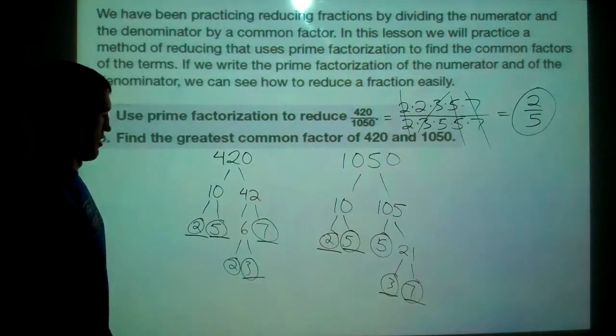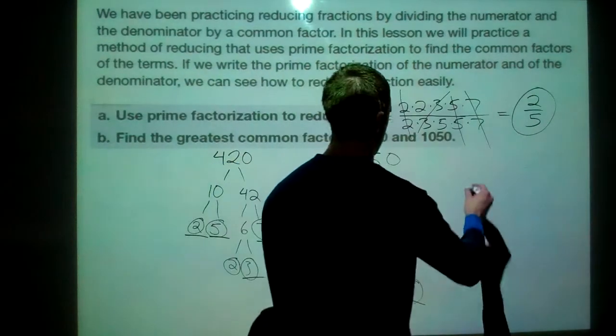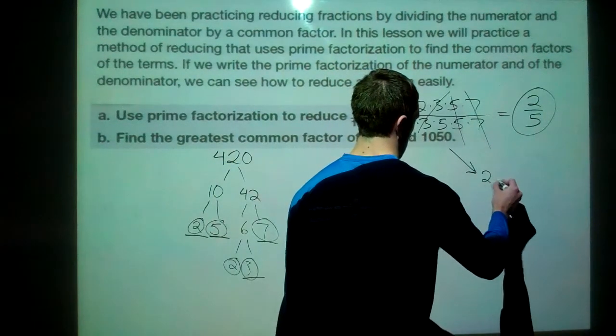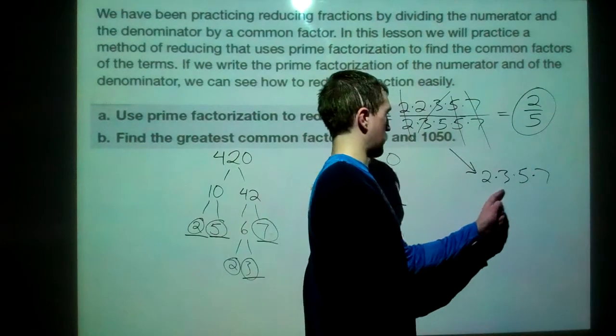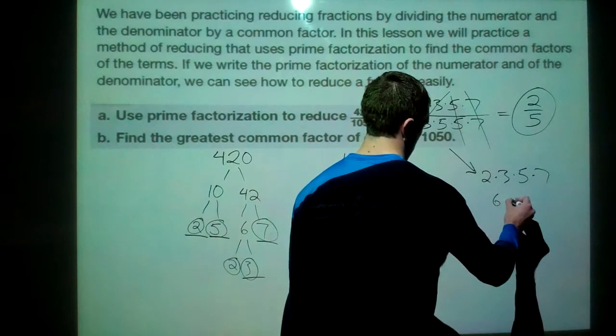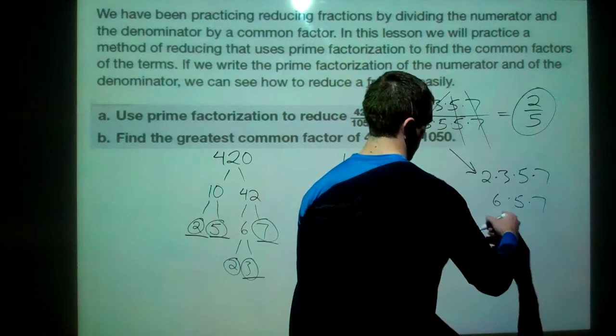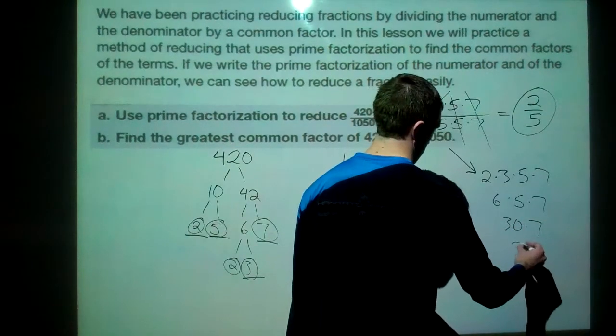So if we multiply all those together, 2 times 3 times 5 times 7: 2 times 3 is 6, 6 times 5 is 30, 30 times 7 is 210.